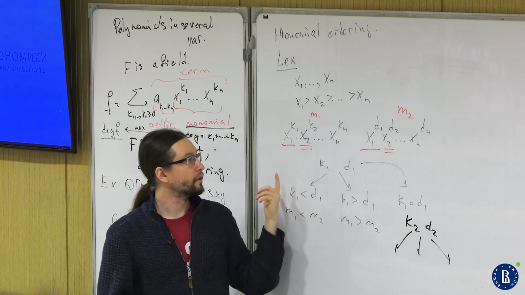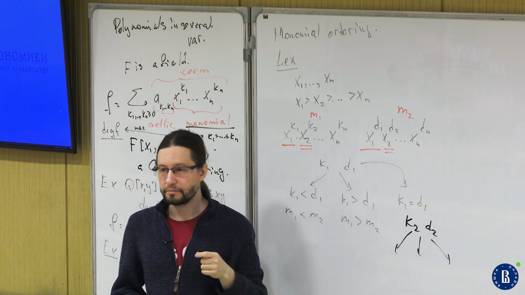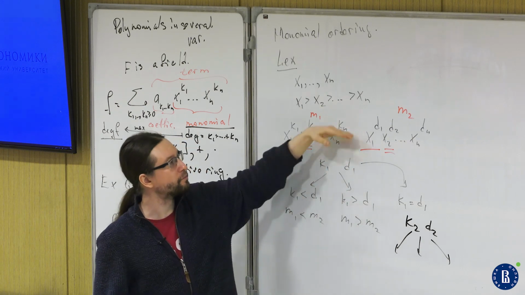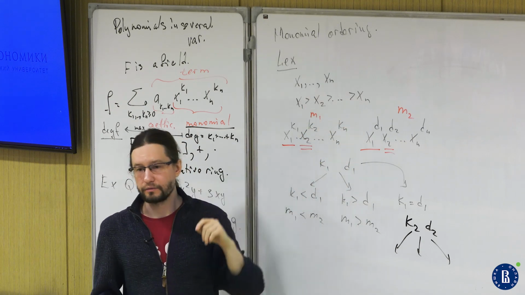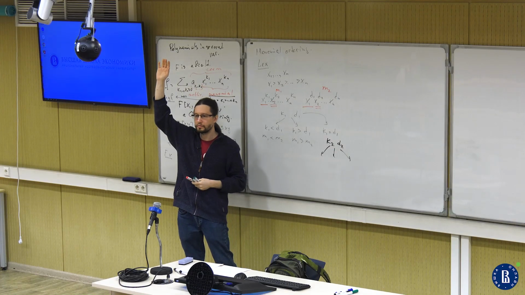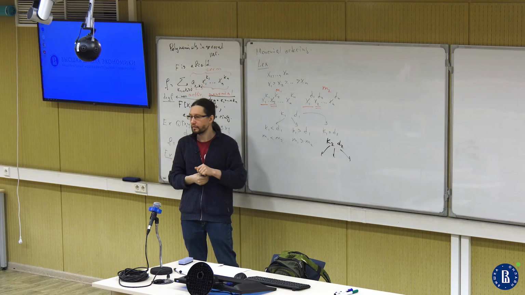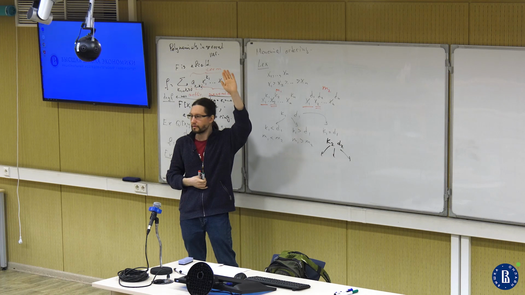So basically, we have a procedure which can compare two different monomials using the order of the variables. Okay, who was able to follow the procedure? Who thinks that I should repeat something or clarify the procedure?